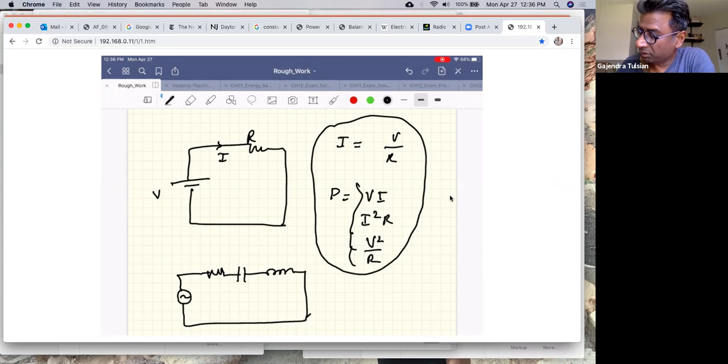The generalization of resistance for a circuit is called impedance, denoted by Z, okay. And the impedance of this circuit, it turns out that the impedance is a function of the frequency of this source, okay.